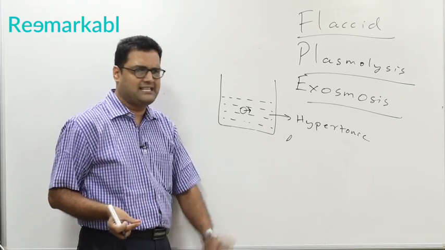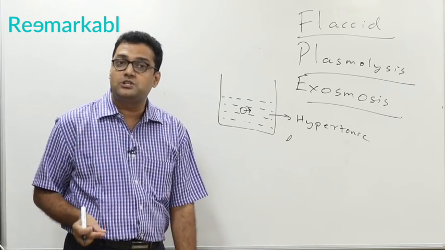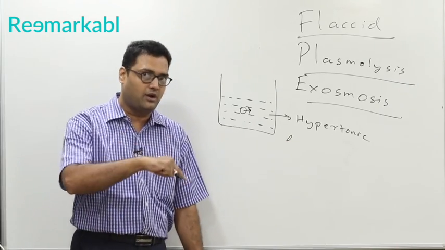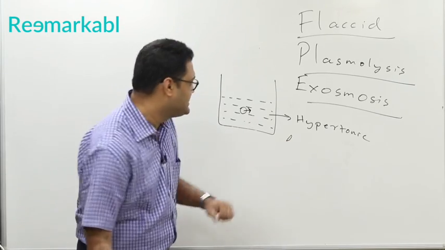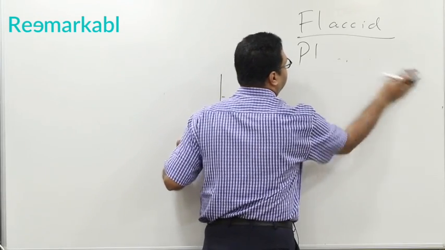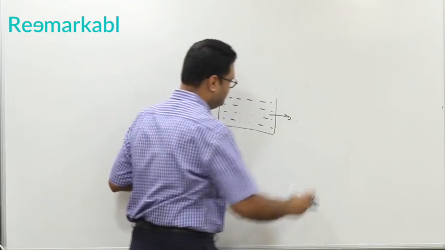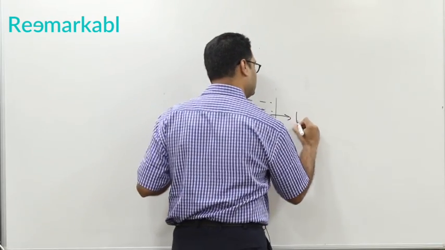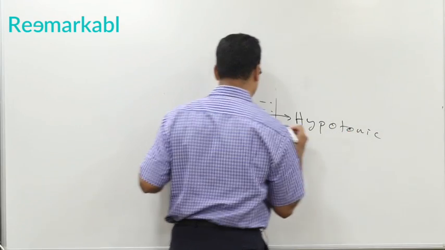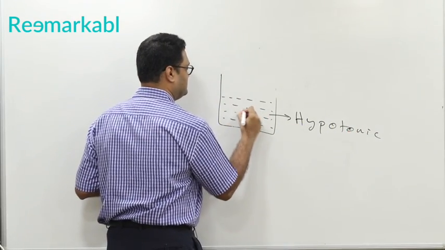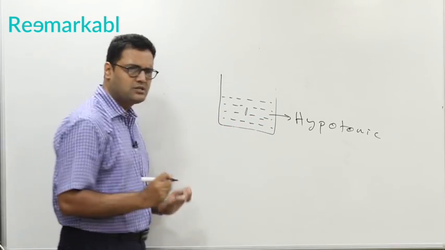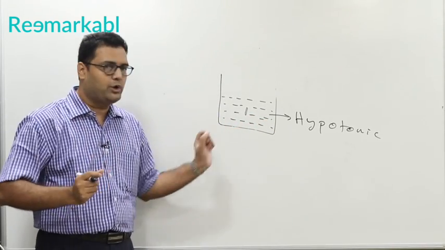Now I take this cell and I put it in a solution called hypotonic. First we did hypertonic. Now we are going to do hypotonic. Let's see what happens. So I've taken a shrunken cell, I've put it in a hypotonic solution.